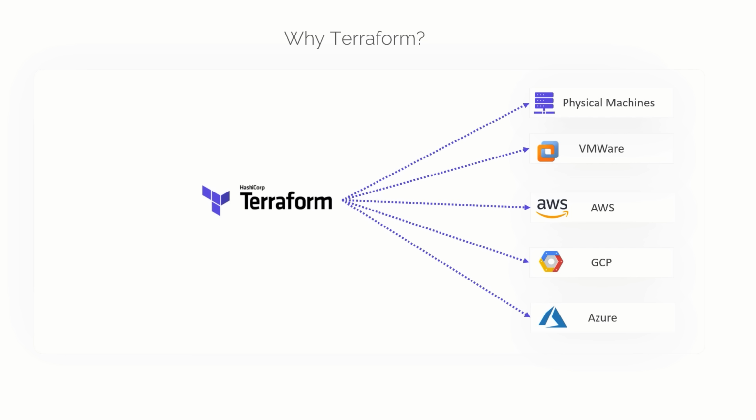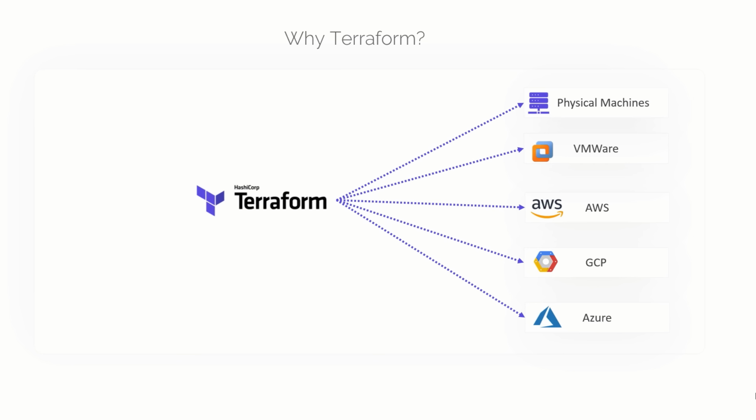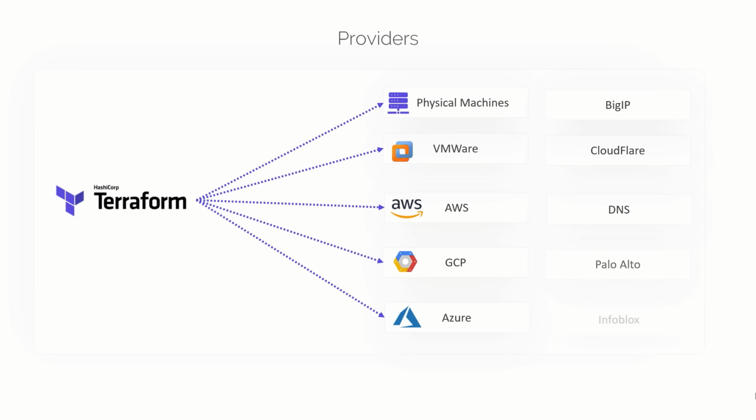These are just a few of the many resources that Terraform can manage. So, how does Terraform manage infrastructure on so many different kinds of platforms? This is achieved through providers. A provider helps Terraform manage third-party platforms through their API.